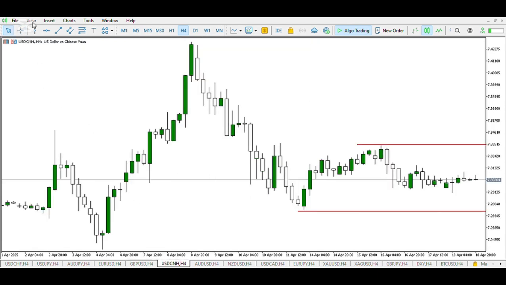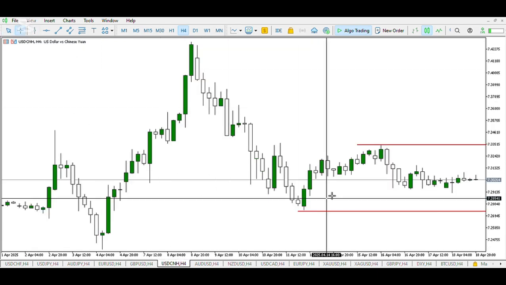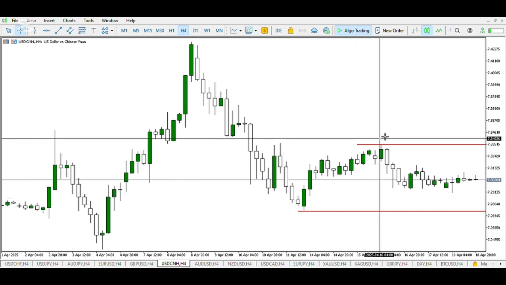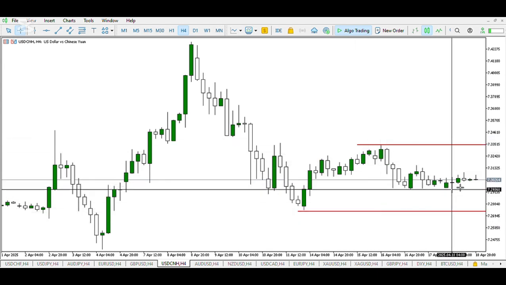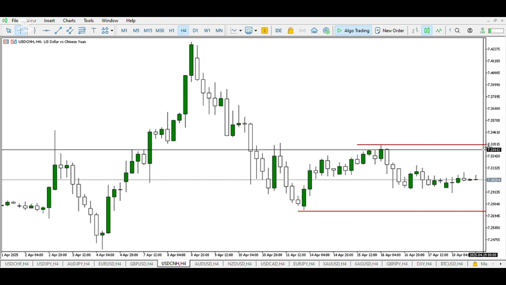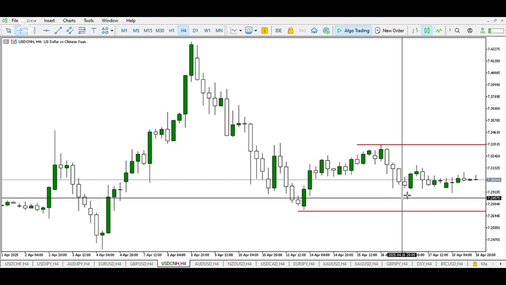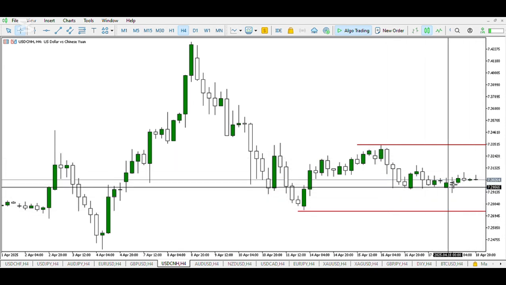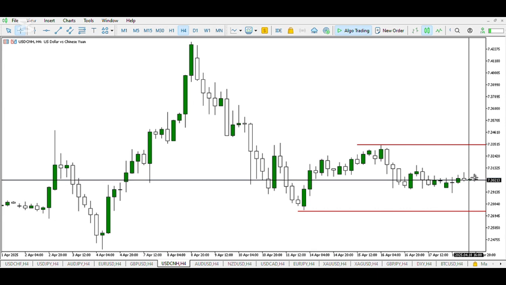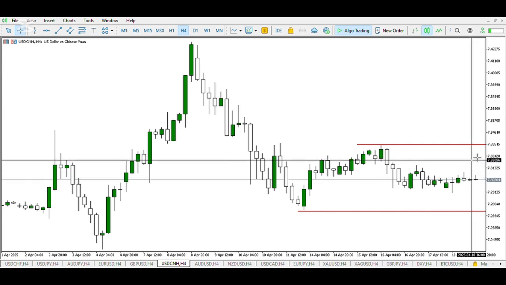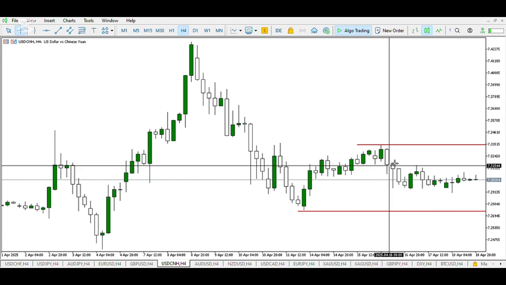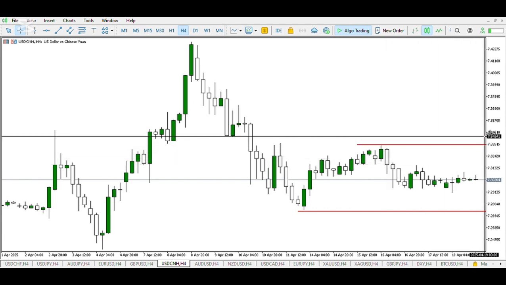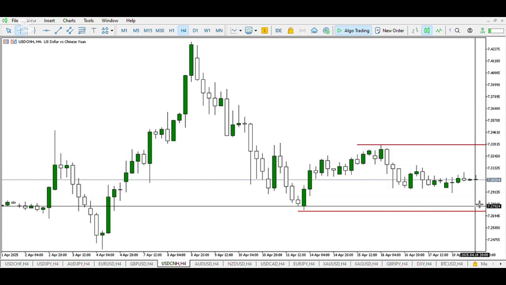On USD/CNH, you can see the high and the low of the previous week and price consolidating close to the high, close to the low. However, there is no strong resistance within these zones, so you can expect price to either consolidate, fill out this fair value gap, take out this high and generate a pattern for a sell.